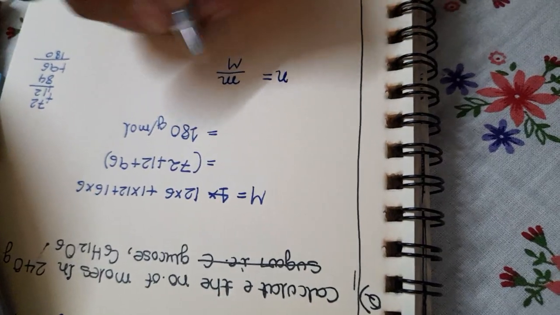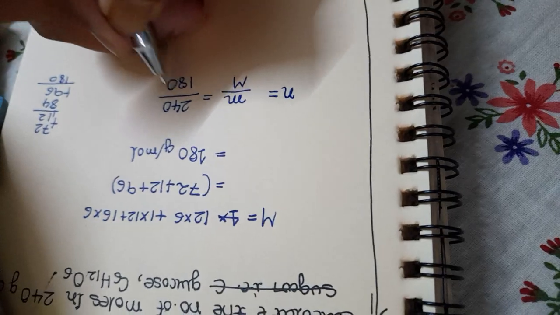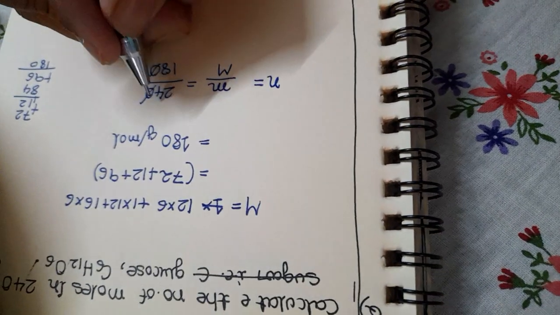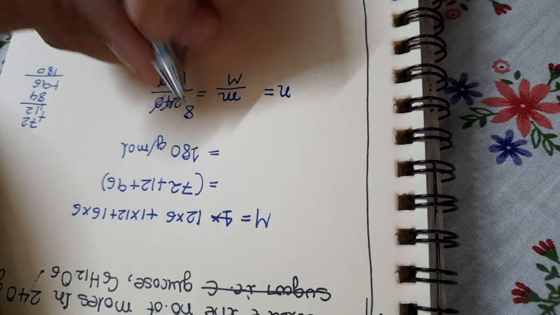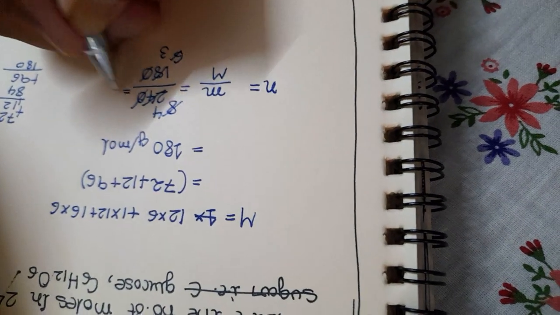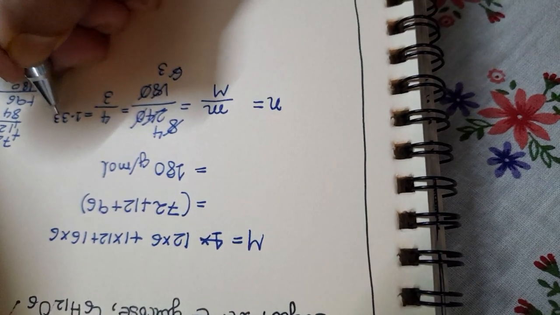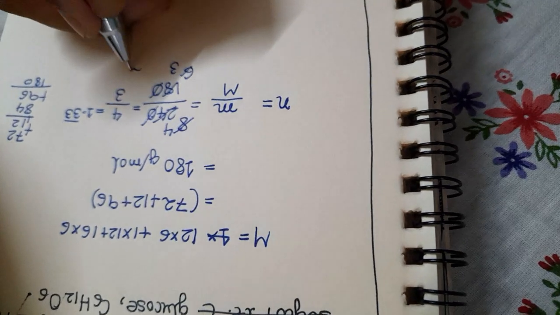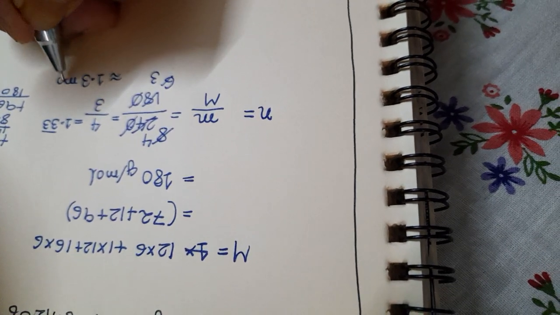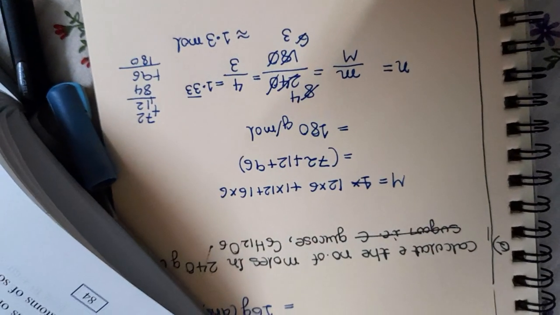So m over M, it's 240 over 180, the zeros cancel, 4 over 3, that is 1.33 recurring. So it's approximately 1.3 moles. Round off. Try to make the answer simpler.